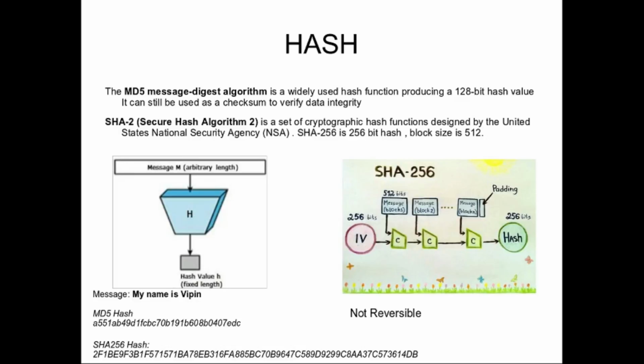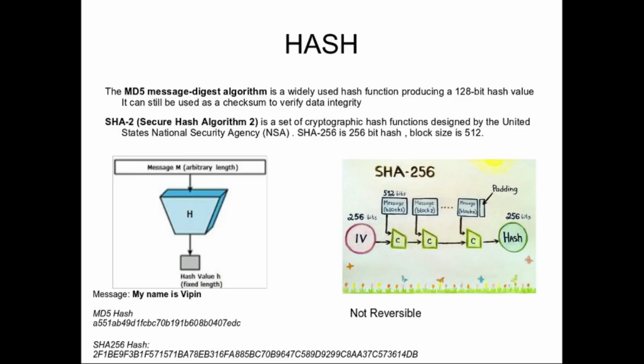Now how do they work? They take a chunk of your data. In both MD5 and SHA256, they take 512 bits of the actual data that has to be hashed, and they start with some seed bits. In SHA-256, we start with a 256-bit seed value.